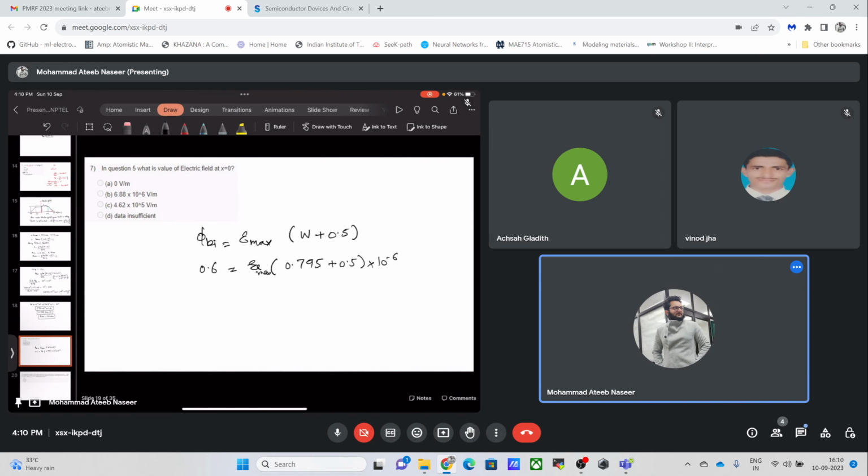Okay, so it is simply 0.6 divided by 0.5 plus 0.795.